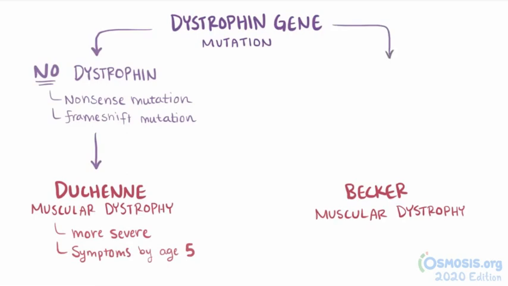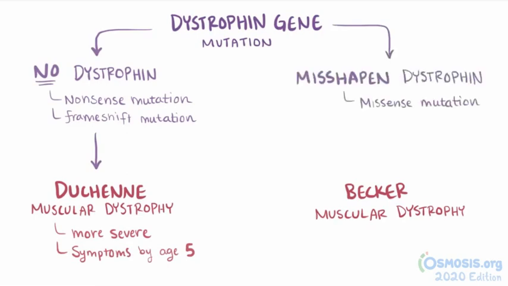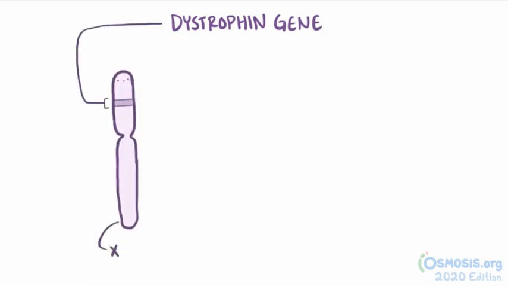On the other hand, mutations that allow for a misshapen protein to form, like missense mutations, lead to Becker muscular dystrophy, which is basically a milder form of Duchenne muscular dystrophy that presents later on, usually between ages 10 and 20.